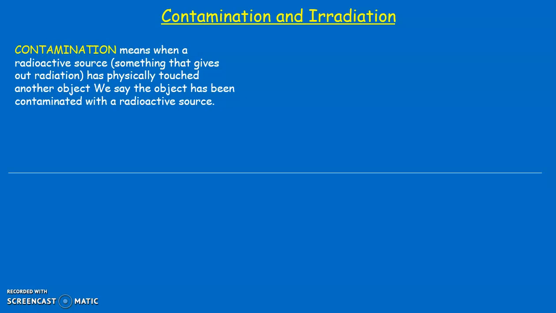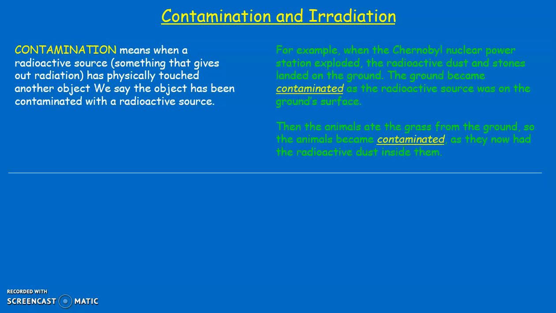We say the object that's been touched has become contaminated with the radioactive source. So this might be on the surface if they've touched or rubbed together, or it might be inside something. For example, if someone swallows a radioactive source of some sort, that's contamination.